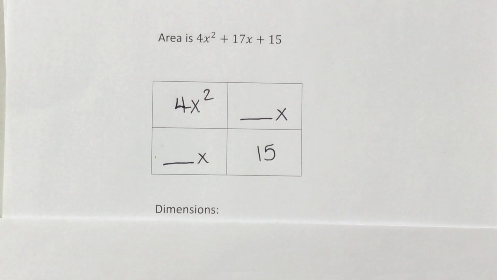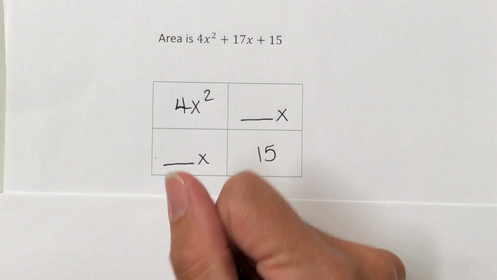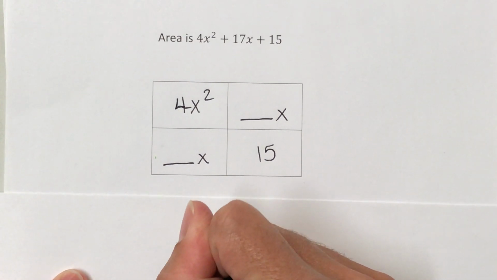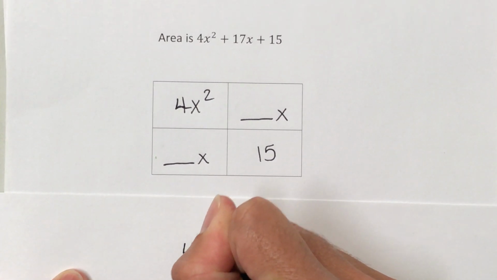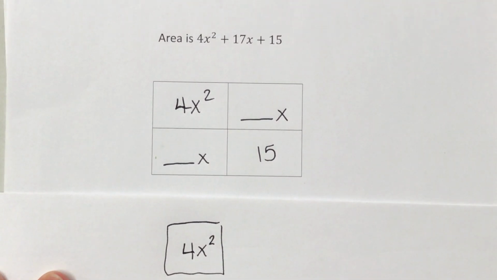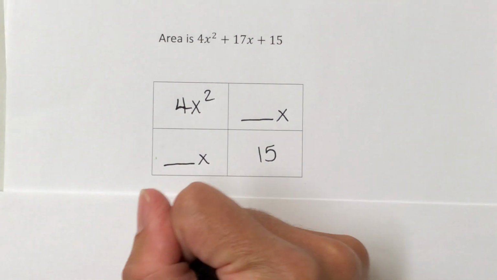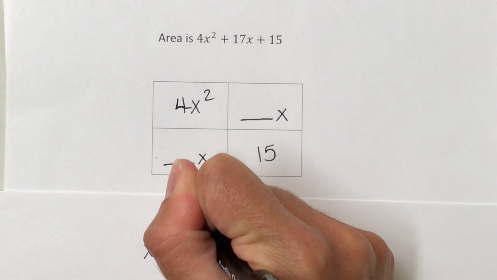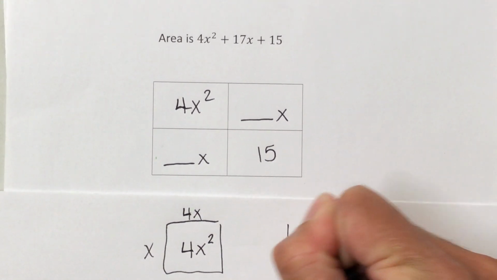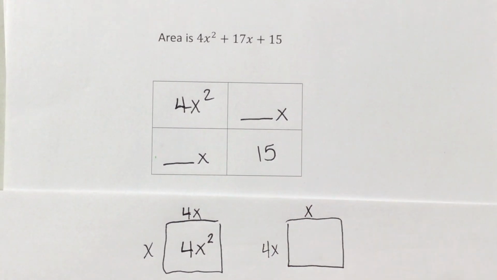Now, this one is actually even harder than the first one, and the reason is, let's take a look at this 4x squared. You see, if I have an area of 4x squared, I have a lot of options. I could have an x and 4x. I could flip it around, and it could be a 4x here and an x here.